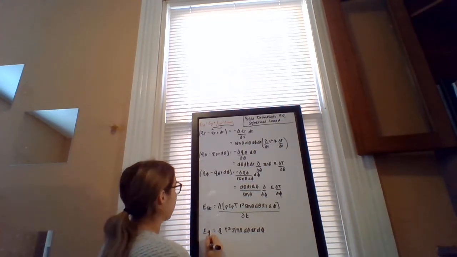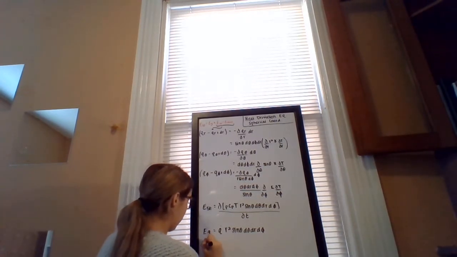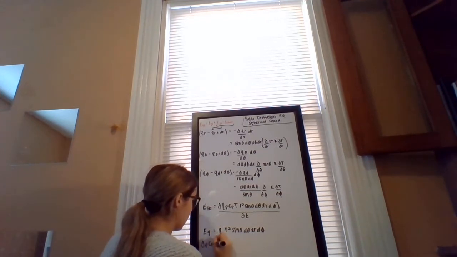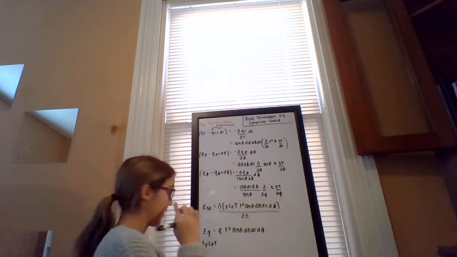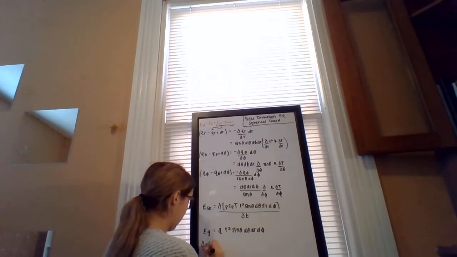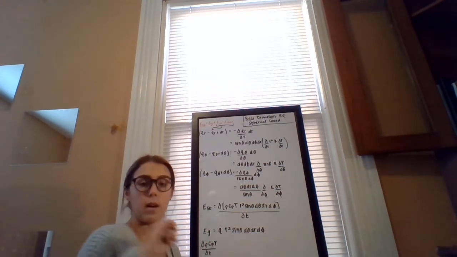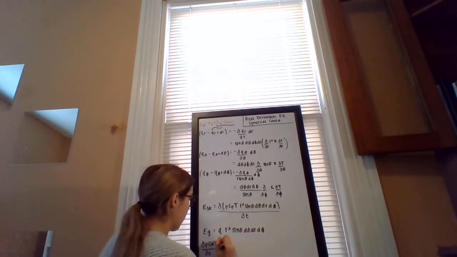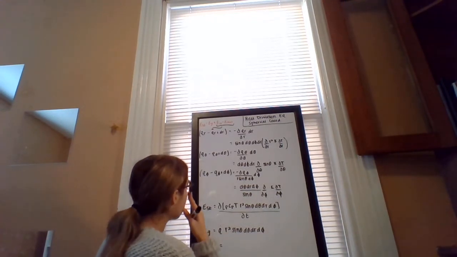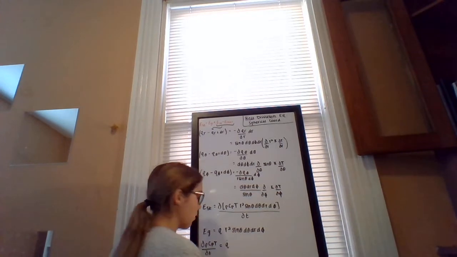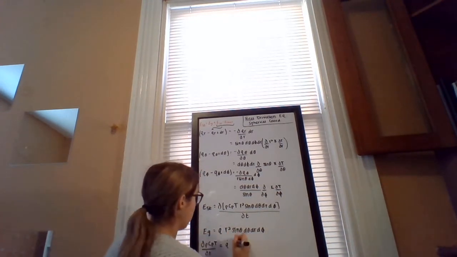So this is going to be able to cancel out because you'll divide by the volume for everything. Energy generated is Q.